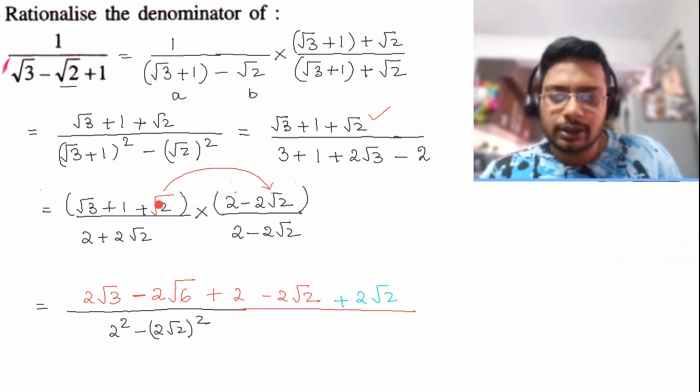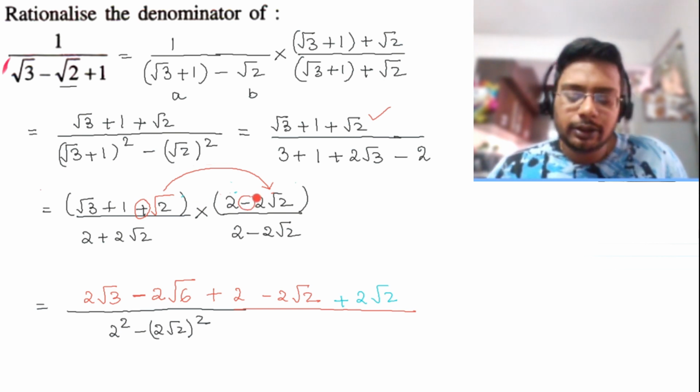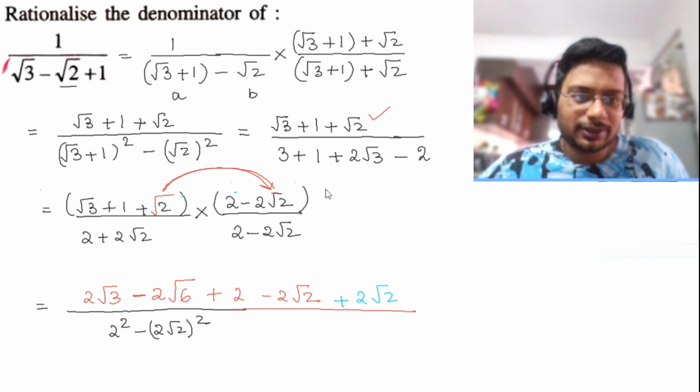When you're multiplying these two numbers, can you see here the sign is plus on root 2, and here the sign is minus? So what would be the overall sign? Minus. So the overall sign is minus, correct? Yes, sir.